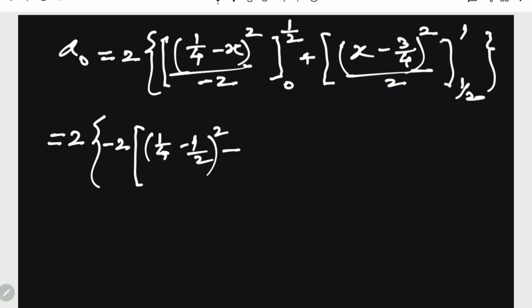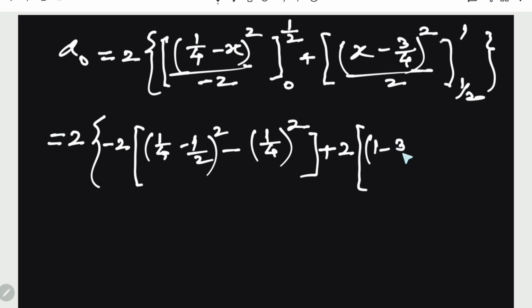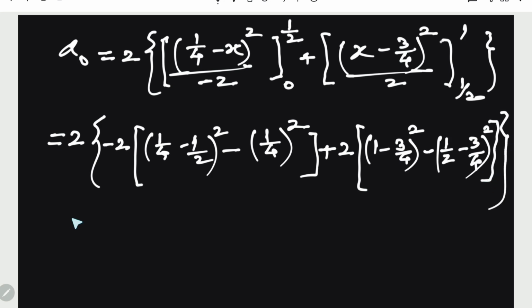For the upper limit, it is 1 by 4 minus 1 by 2 whole square, minus, for the lower limit, 1 by 4 minus 0, which means 1 by 4 whole square, plus, again 1 by 2 outside, it is 1 minus 3 by 4 whole square minus 1 by 2 minus 3 by 4 whole square. Then simplify it.